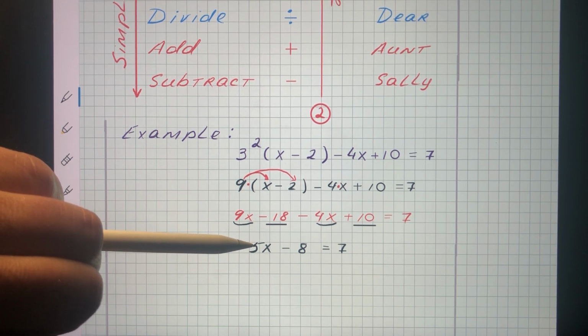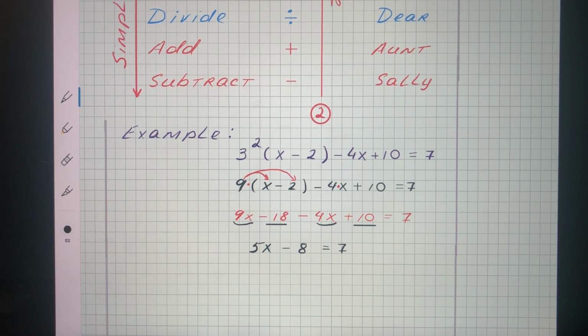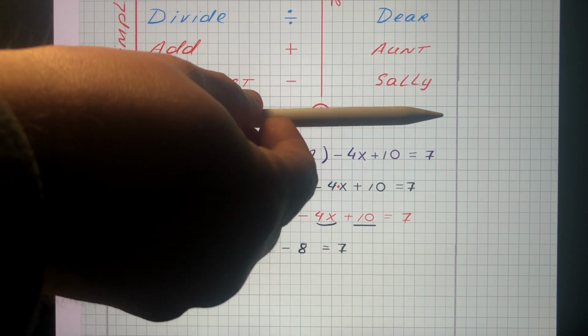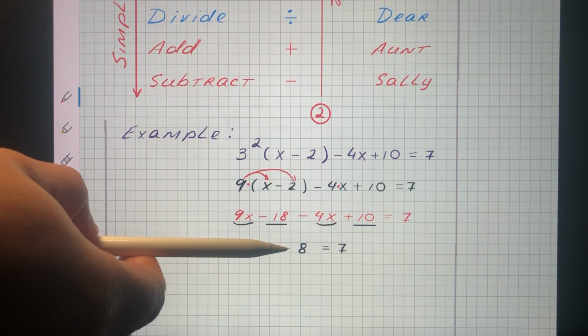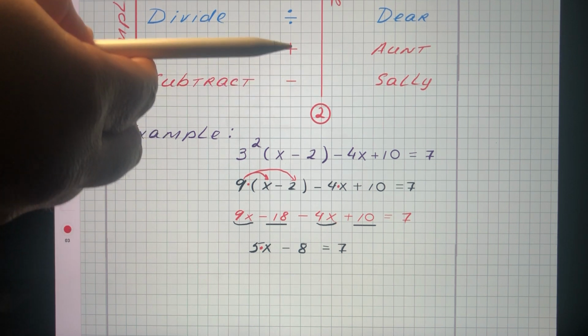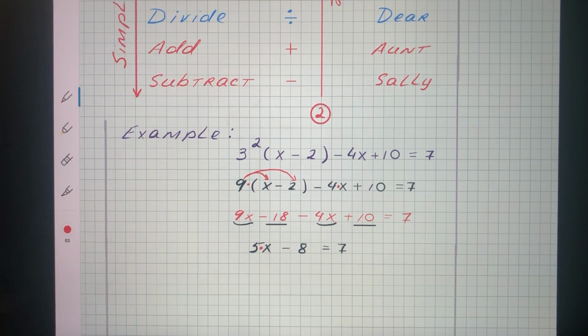To find the answer, we need to go through the second step, which is solving by undoing all the remaining operations. What operations are still here? Well, we have a multiplication between numbers and letters, and we have a minus. Beginning at the bottom, we clear addition and subtraction first, so we come across the minus. To cancel the minus 8, we add the same number to both sides. So let's add 8 to both sides, and that makes 5x equals 15.